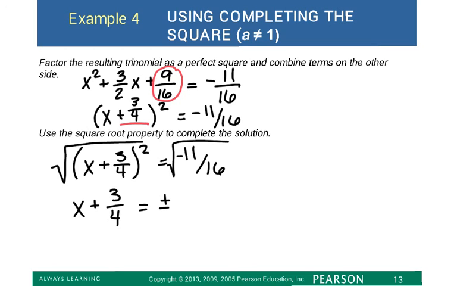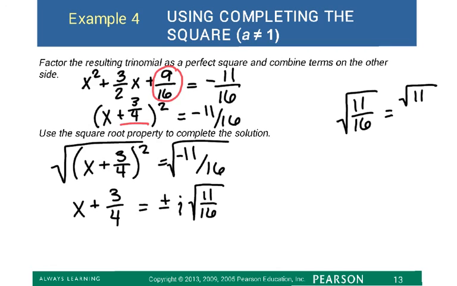minus. I'm going to go ahead and take the negative out of the square root by writing it as i times the square root of 11/16. Now this square root of 11/16 can be further reduced to this.